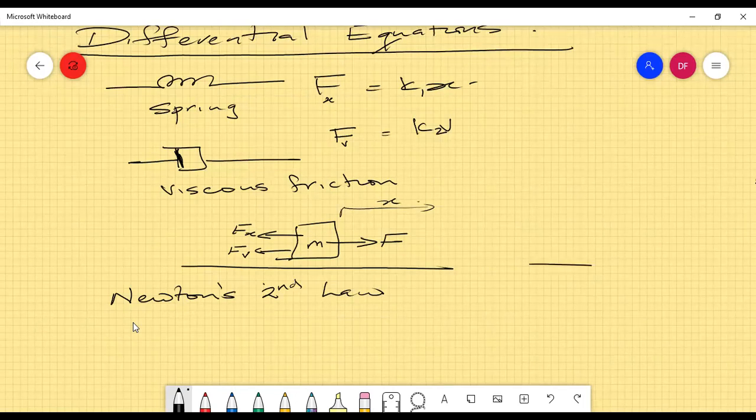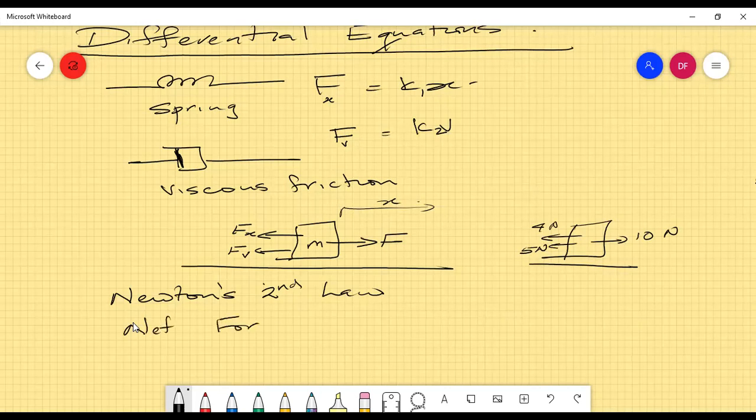Let's use common sense. So the force here is 10, and this is 4, and this is 5. What's the net force? 1, sir. One Newton. Because 10 minus 4 minus 5.